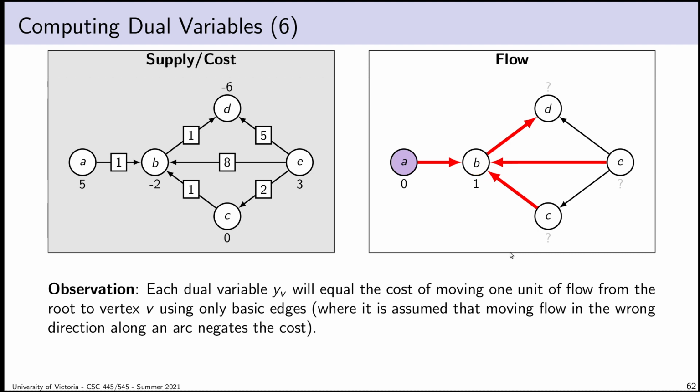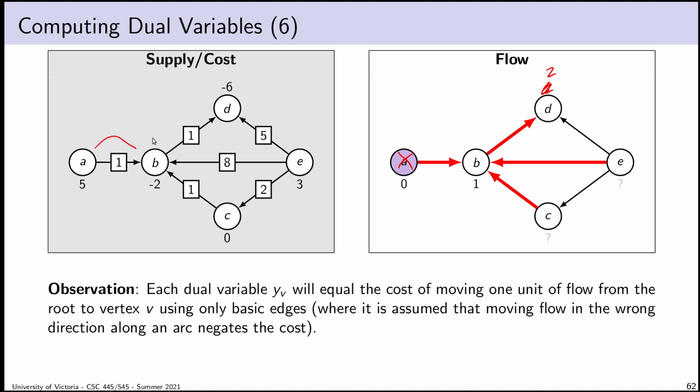The dual optimization variable for D, Y sub D, is going to equal the value for B plus the cost of this arc, which is going to be 2. And notice that if I were to try and ship 1 unit of flow from A to D using only the basic arcs, how much would it cost?